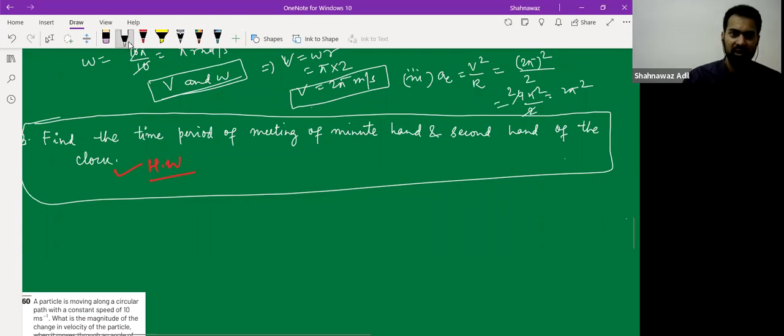So the question is that the minute hand and second hand are moving. After one completion of the second hand, what will be the angle? You guys calculate.